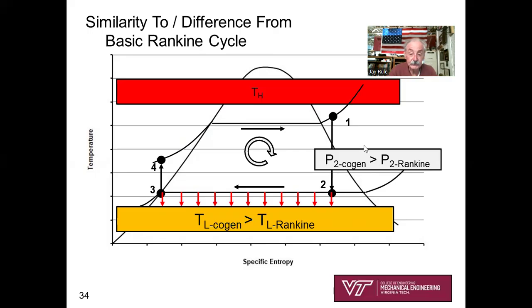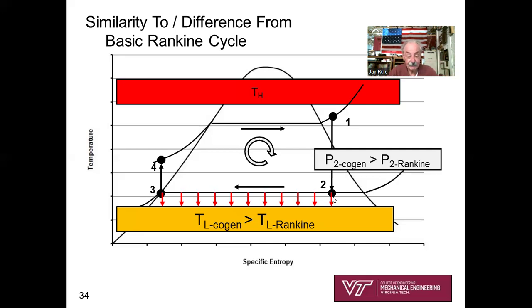And so one thing I've shown on this slide is you've got the same TH, but do recognize that P2 for cogeneration, this low pressure here, is going to be a much higher value than the pressure for the Rankine cycle. And so do recognize that typically at Virginia Tech, we're coming out of the turbine at, let's say, 30 PSI gauge, because that 30 PSI gauge is needed to get the steam delivered to all our academic buildings, to all the dormitories for the heating.